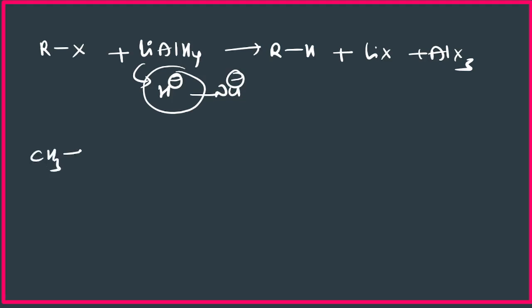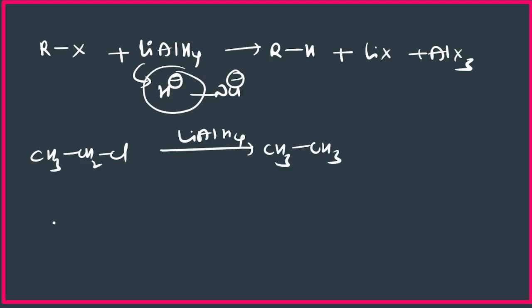For example, CH3CH2Cl in the presence of lithium aluminium hydride gives CH3CH3. Now this example, (CH3)3CCl, is a tertiary alkyl halide.